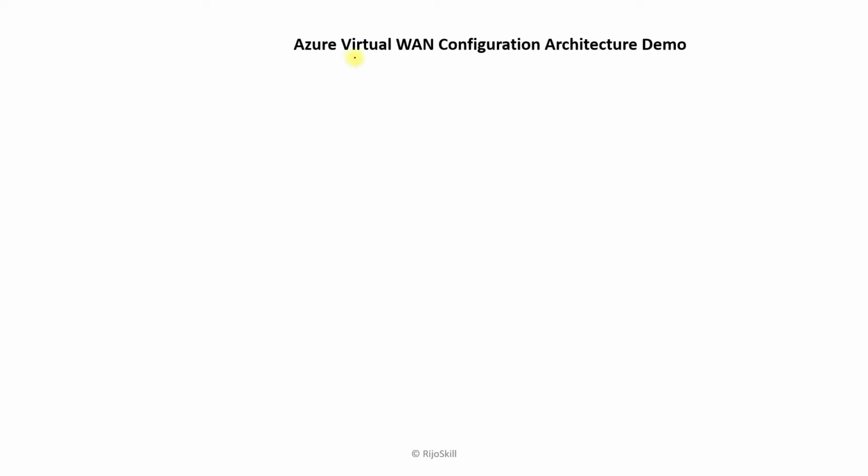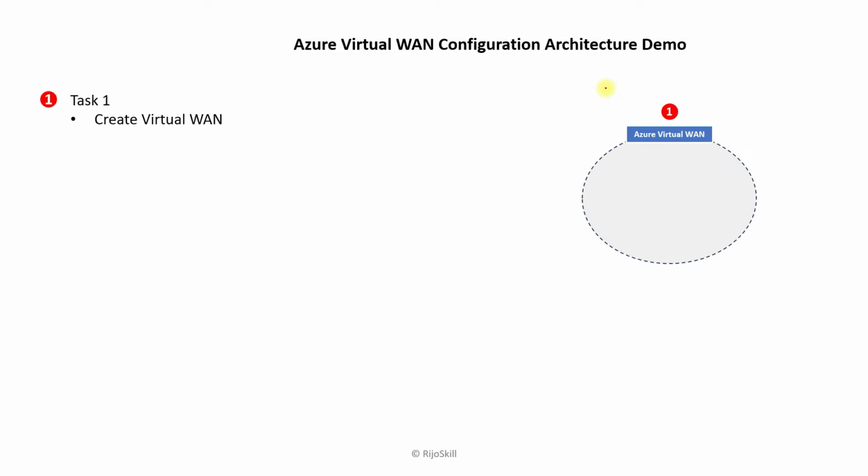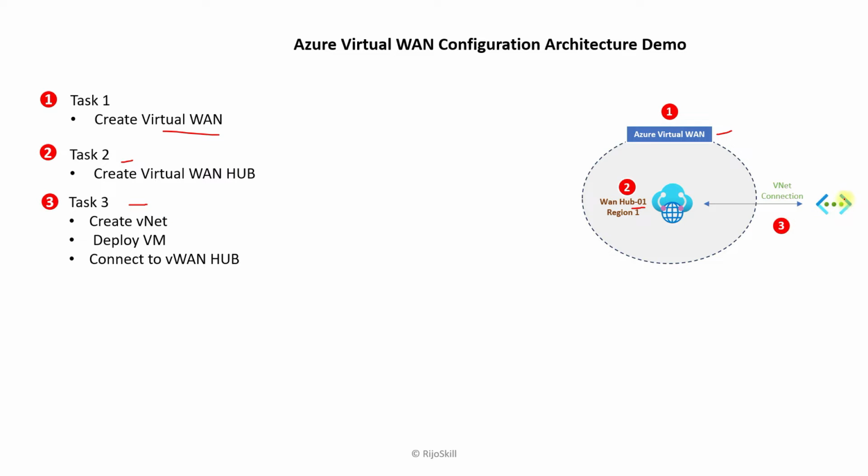Next we will discuss the Azure Virtual WAN configuration demo. We need to do the configuration in our Azure portal, so you can easily understand. Whatever tasks we create in the portal, first we need to create the virtual WAN. Task 2, we need to create our hub. Then task 3, we need to create our VNet, and then connect our VNet to our hub.